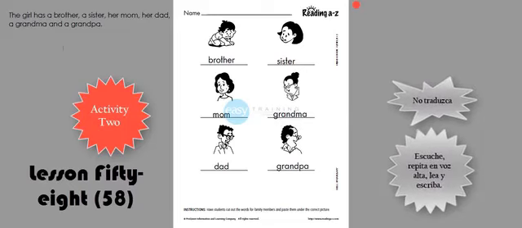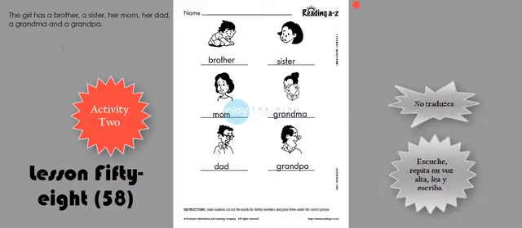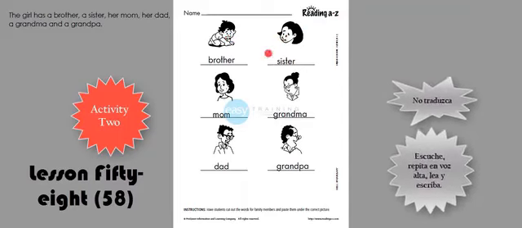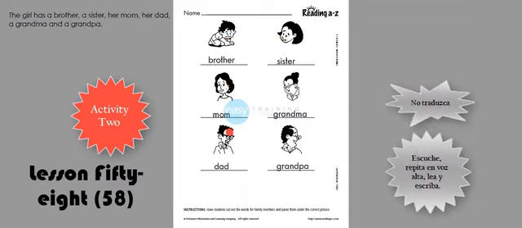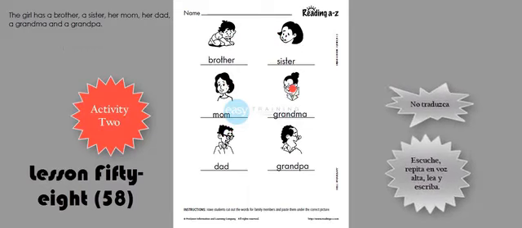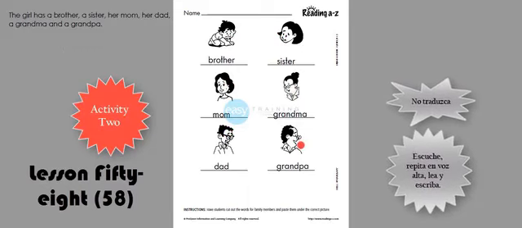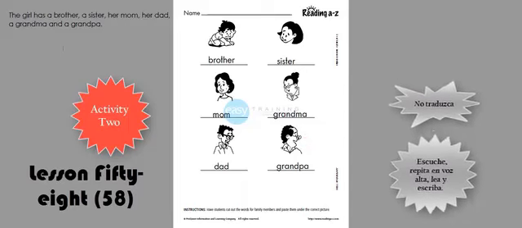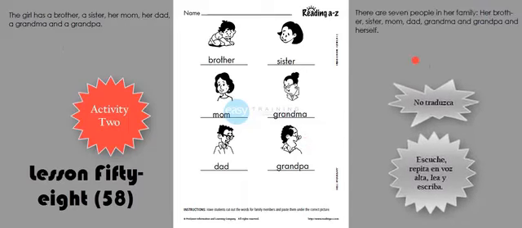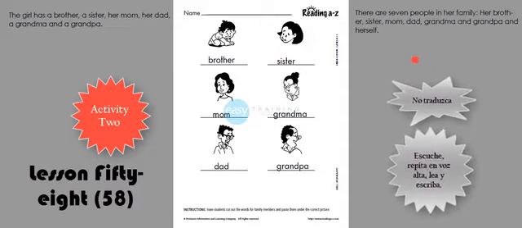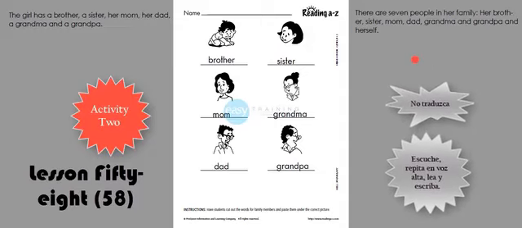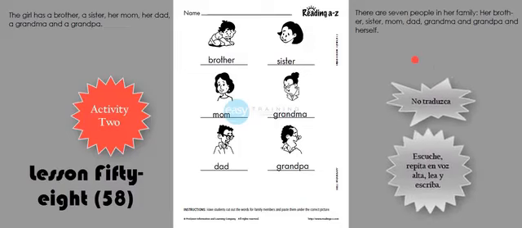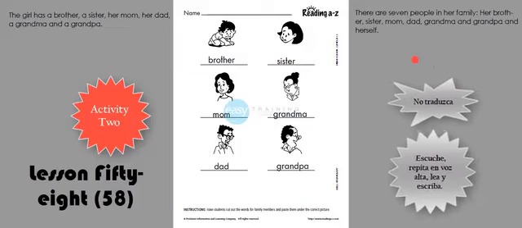There are 7 people in her family. Her brother, her sister, her mom, her dad, her grandma, her grandpa, and herself. Let me put this into words. Here you are. There are 7 people in her family. Her brother, sister, mom, dad, grandma, and grandpa, and herself.